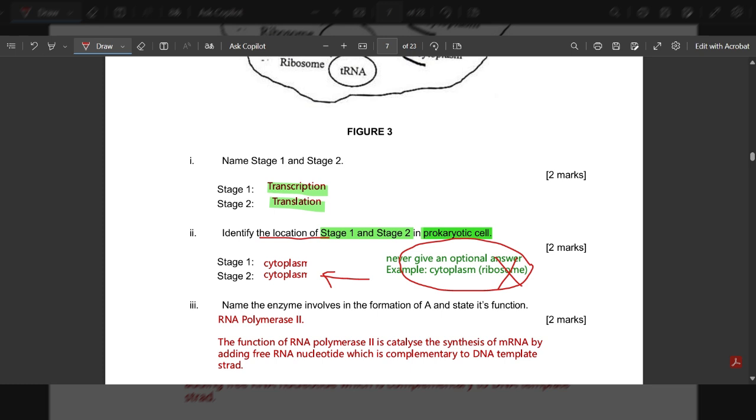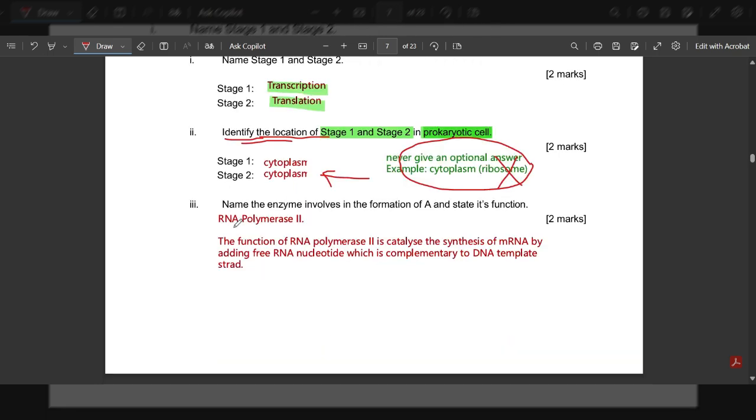When you give an optional answer, the examiner normally will consider one correct, one wrong. So this is a wrong answer. Never give optional answers. When you want to answer, you had better provide just a single answer, because the question has asked you to give one very specific answer for each stage.